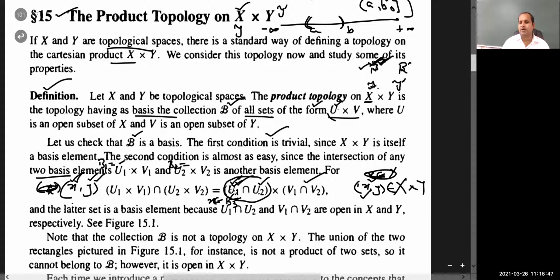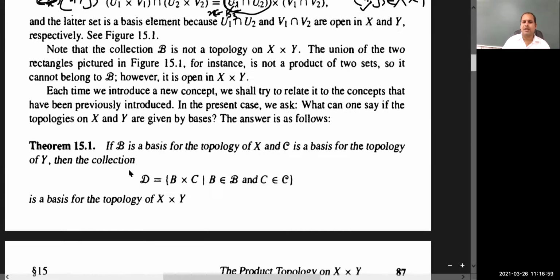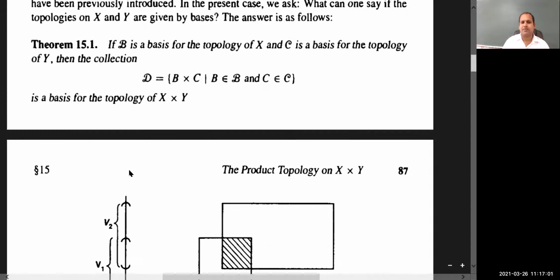Same I can do here. And if we take the Cartesian product, then that is going to be contained in U1 intersection U2 cross V1 intersection V2. So this proof is already written here. I have given a hint, you can read.